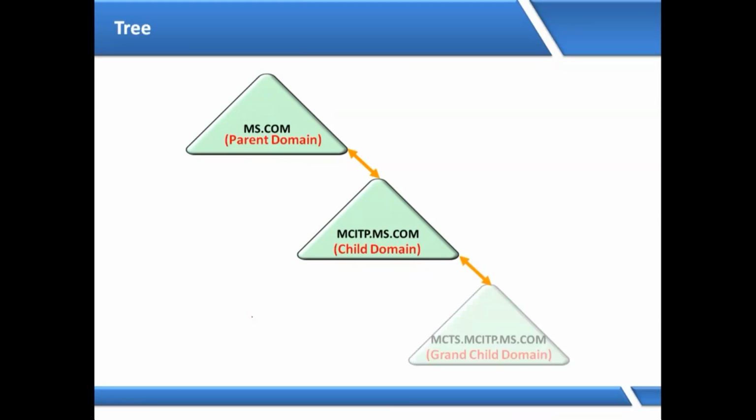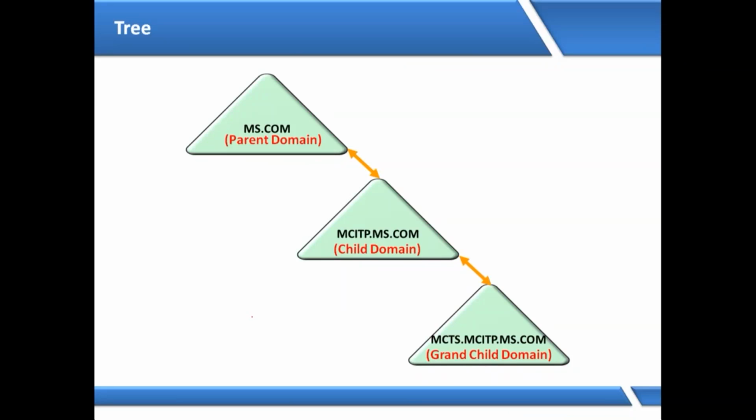Now, if you have another domain, mcts.mcitp.ms.com, mcts is a child of mcitp. So for mcts, who is the parent? mcitp. And what will be the relation between ms and mcts? ms is the parent for mcitp, and mcitp is the parent for mcts.